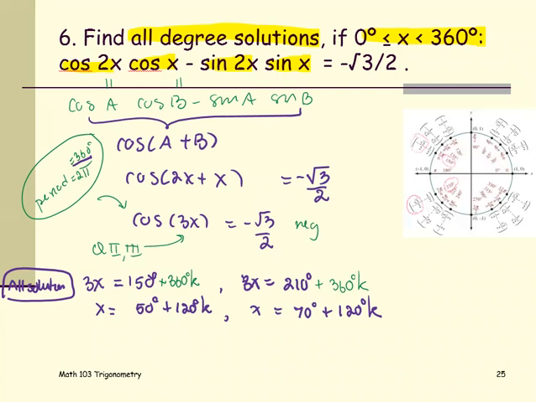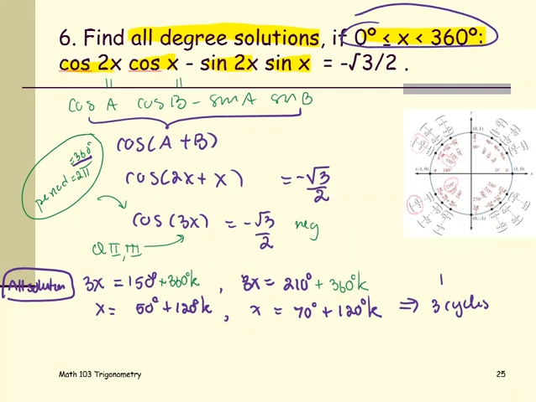So with this, we can see that we need 3 cycles to get all the solutions between 0 degrees and 360 degrees.